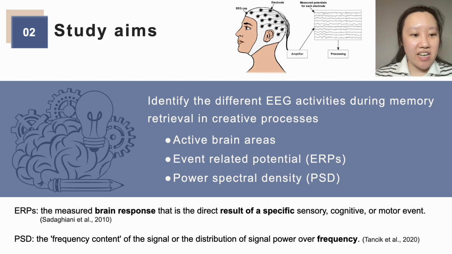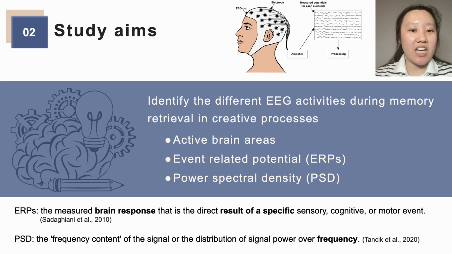So just in case you do not know event-related potential and power spectral density, I tried to include some more explanations for these two terms. As for the ERPs, it is used to measure the brain response that is a direct result of a specific cognitive event.